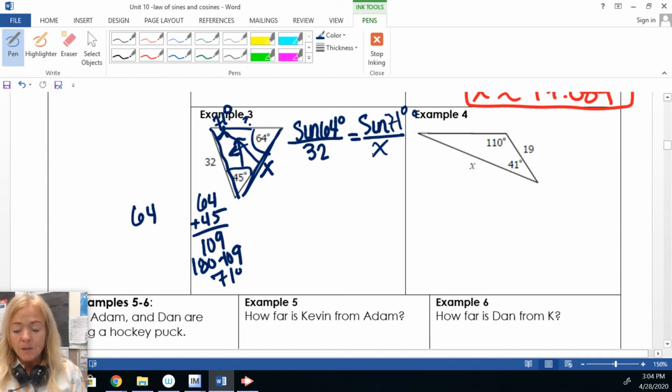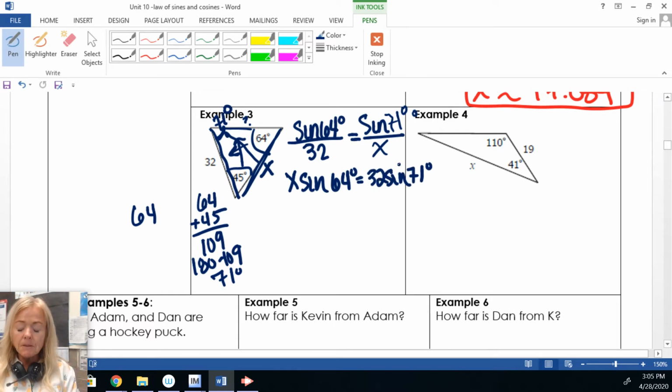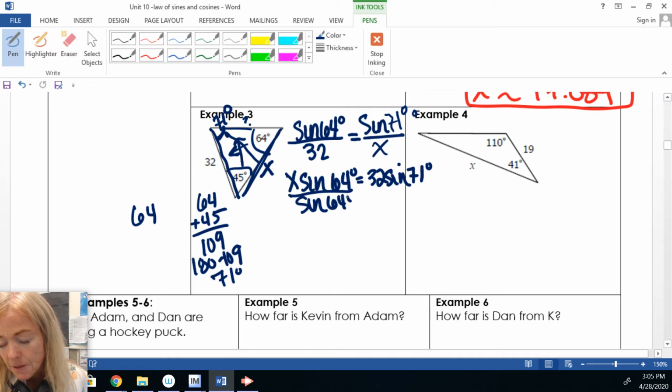That's the angle we must use, otherwise we'll get it wrong. So we have sine 64, which is across from 32, and sine 71, which is across from x. And then we cross multiply. So x times the sine of 64 is equal to 32 times the sine of 71. When we cross multiply, of course, x is being multiplied by the sine of 64, so we want to divide by the sine of 64.